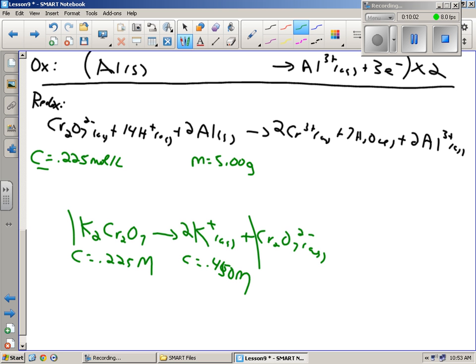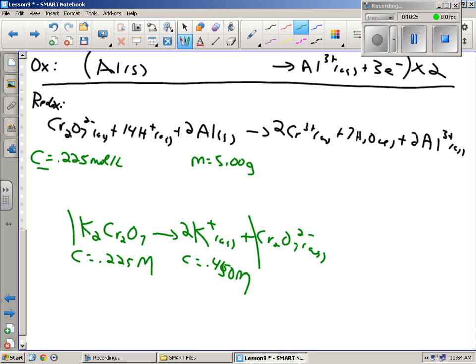Now, what else do you know about potassium in this case? Potassium ion is actually a spectator ion in this case, yes, because you'll see it's not involved in the final reaction here, right? So we don't need to worry about it, okay? However, you do have to be a little bit careful here.